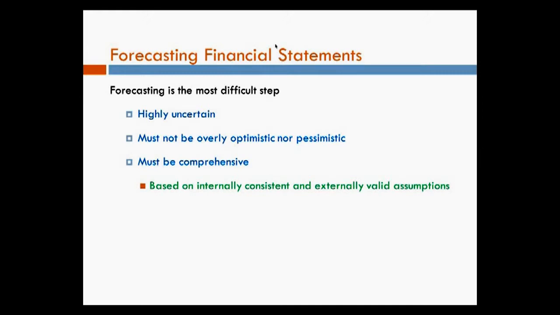Don't be optimistic, don't be pessimistic, just be realistic to the best of your ability. And you should be comprehensive. You should be internally consistent and externally valid, meaning your financials need to consistently match each other, and your assumptions about the real world should be reasonably valid.